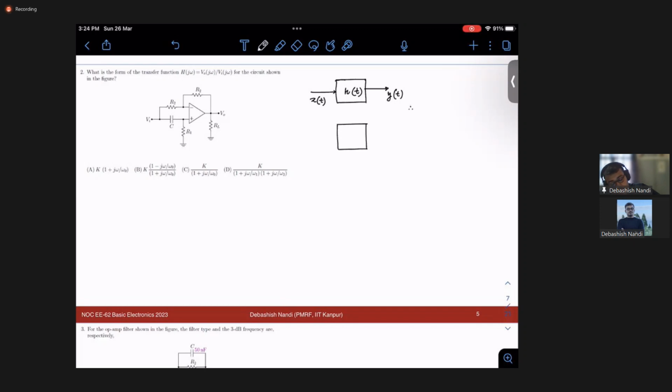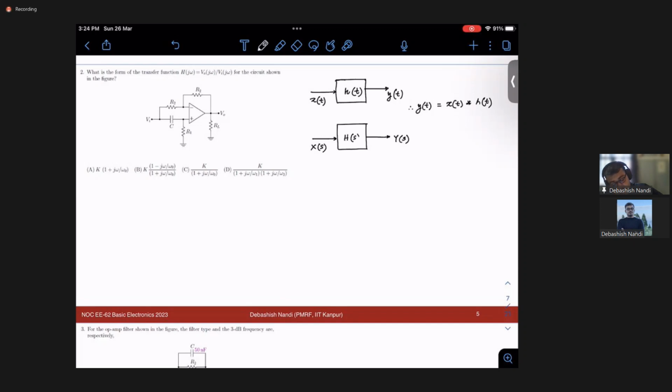And by the way, what is this y of t? y of t is nothing but the convolution of x of t and h of t. You must have studied this in your signals and systems course. If I look at it in the frequency domain, let me take the Laplace transform on both sides.